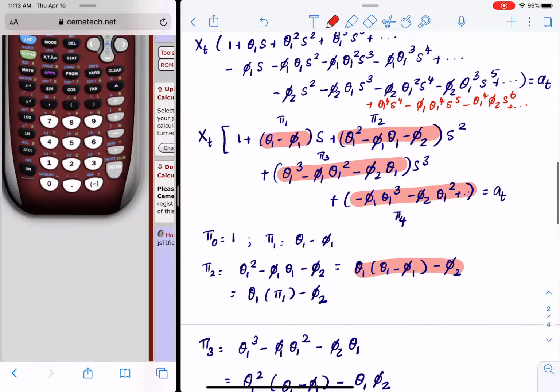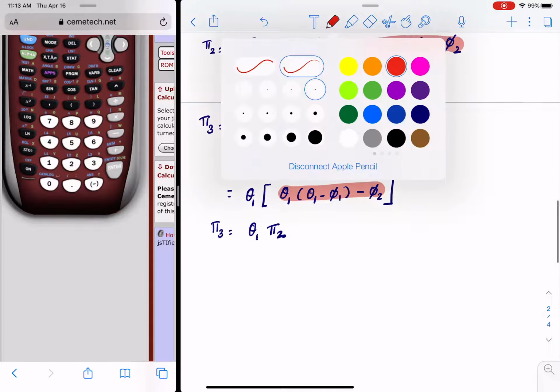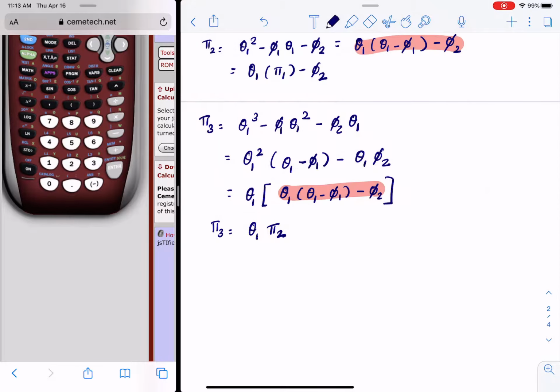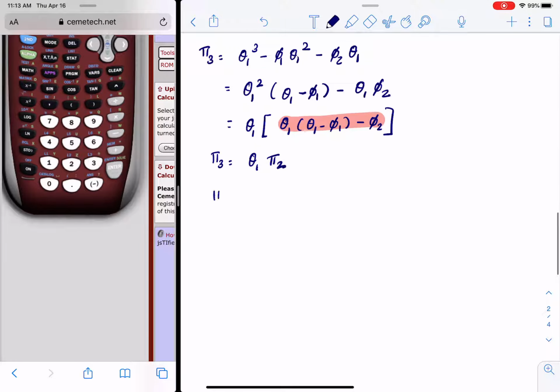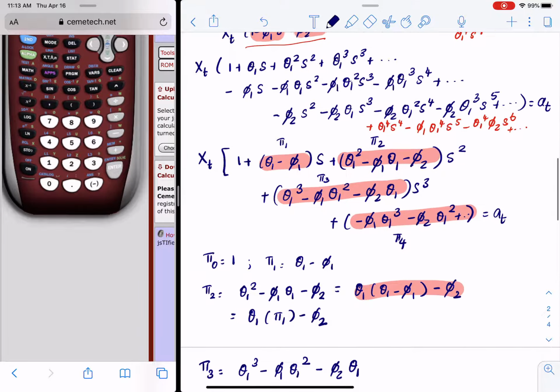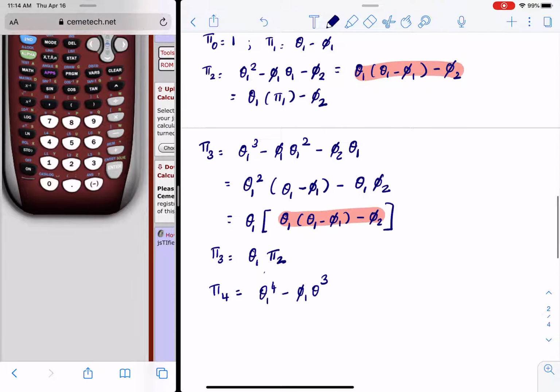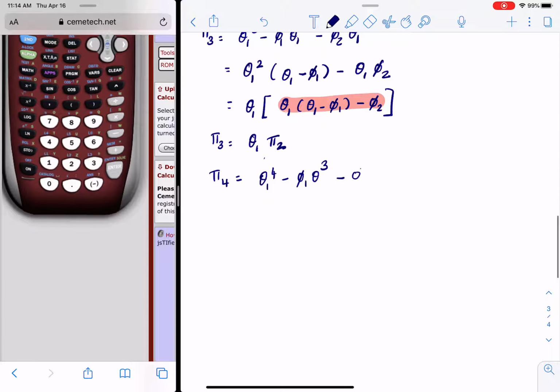So if I look at that and combine the like terms of s raised 4, that would give me the term for pi 4. So pi 4 would equal theta 1 raised 4 minus phi 1 theta 1 cubed minus phi 2 theta 1 squared. I have a theta 1 cubed in common in the first two terms.